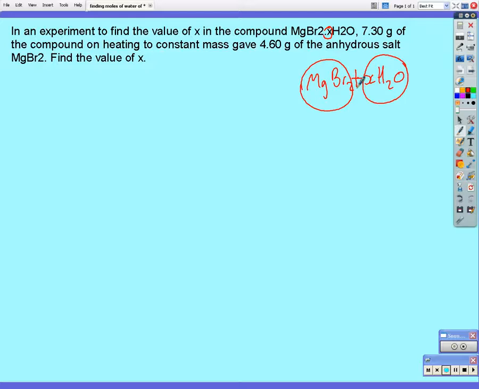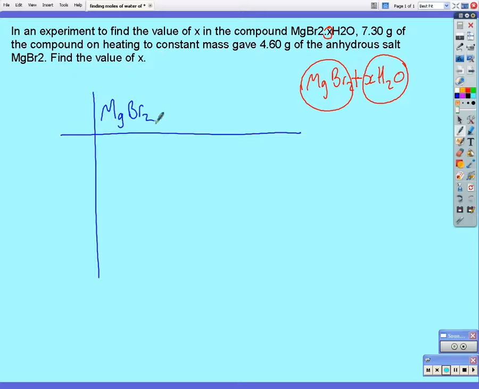Okay, there are 2 ways actually to go about this problem. Perhaps the simplest way is just to go about it as if it's an empirical formula problem. And if you remember, with empirical formula problems, we set them out in a nice table to begin with. So, we already know what the formula of magnesium bromide is. It's MgBr2.